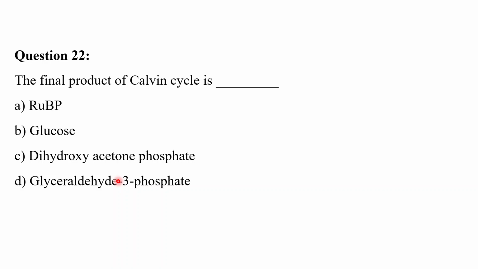So the next question is, the final product of Calvin cycle is option A RuBP, ribulose bisphosphate, option B glucose, option C dihydroxyacetone phosphate, DHAP, and option D is glyceraldehyde 3-phosphate, that is G3P.